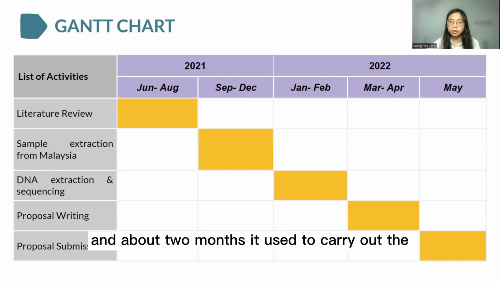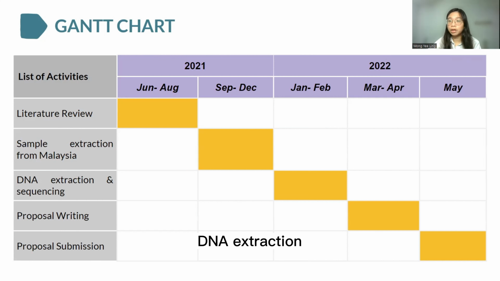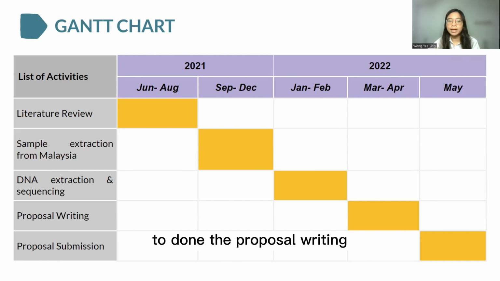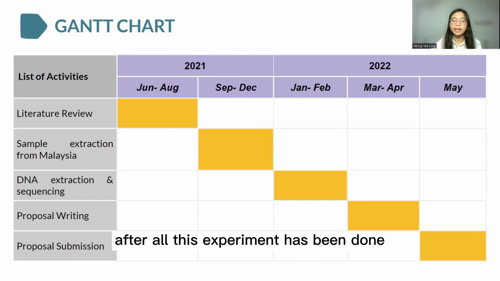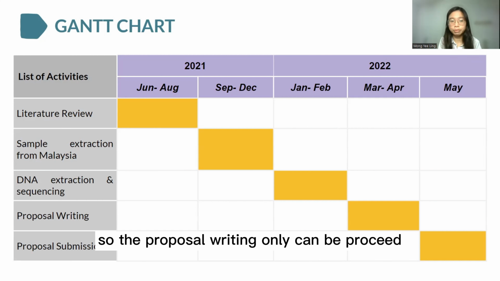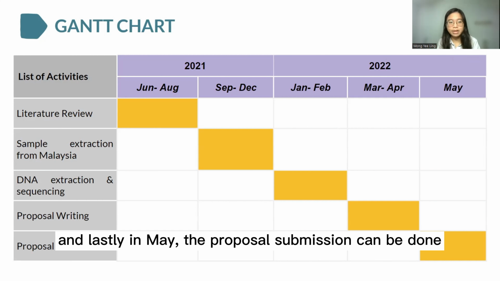About 2 months is used to carry out the DNA extraction and the sequencing. About 2 months is required for proposal writing, after all the experiments have been done and the results collected. So the proposal writing can only proceed then. And lastly, in May, the proposal submission can be done.